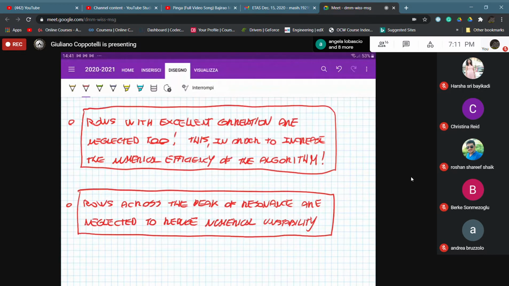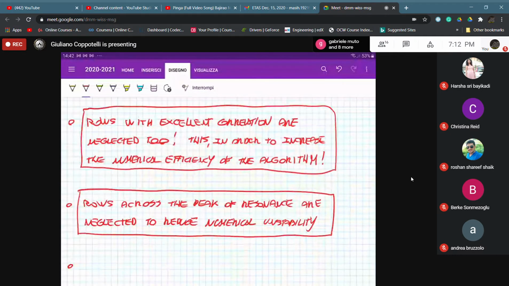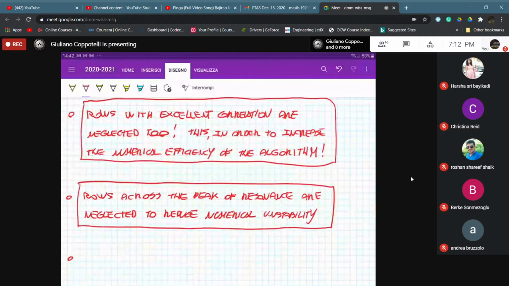Then, when looking at the columns now, this vision is for the rows up to now, but now when we are looking to the columns, then we can consider in your iteration process only those columns that are truly participating in the formation of the rank of your sensitivity matrix.